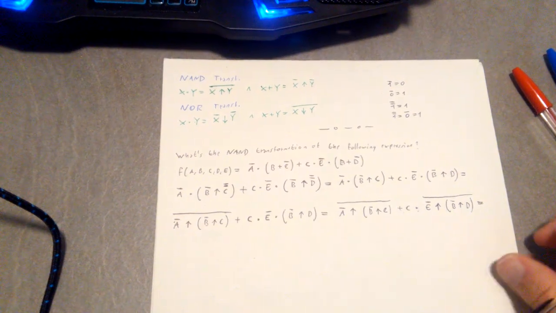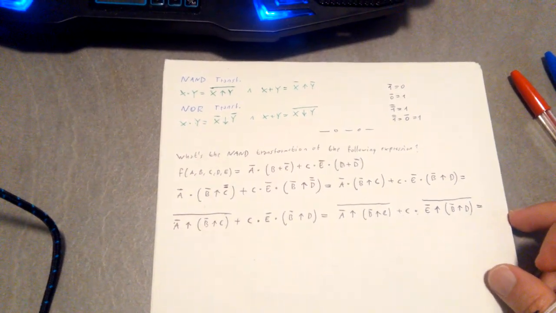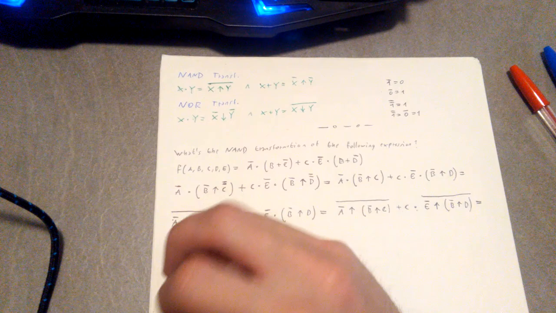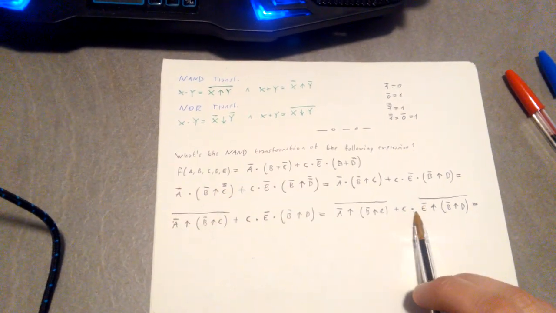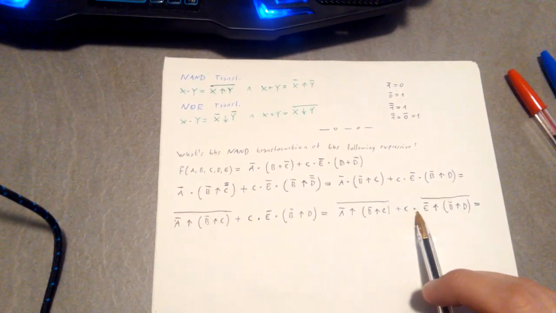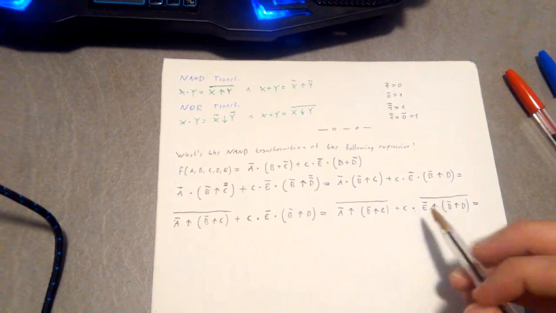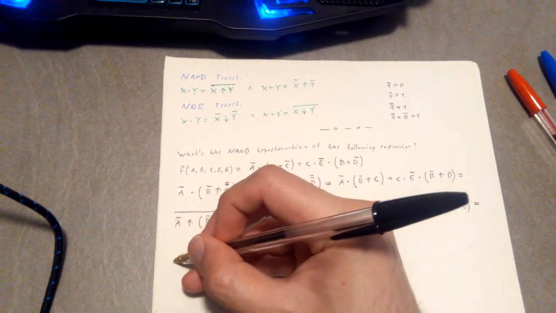So what do we do next? Well, we can actually get rid of these times here. So in order to get rid of this, we can do the same thing. So this one is going to stay the same.